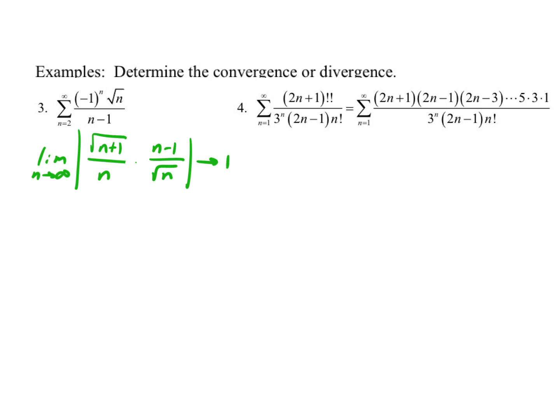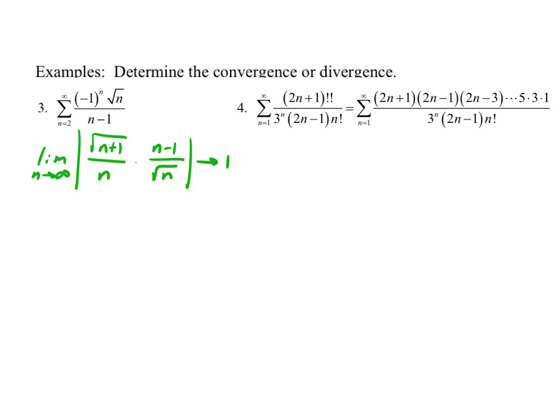All right, yeah, it goes to 1, which means the ratio test is useless. Does not help us at all. Okay, so let's go back to what I had said at the beginning. It's alternating. Are they getting smaller as n gets bigger? Is it decreasing? Because maybe we need to use the alternating series test.